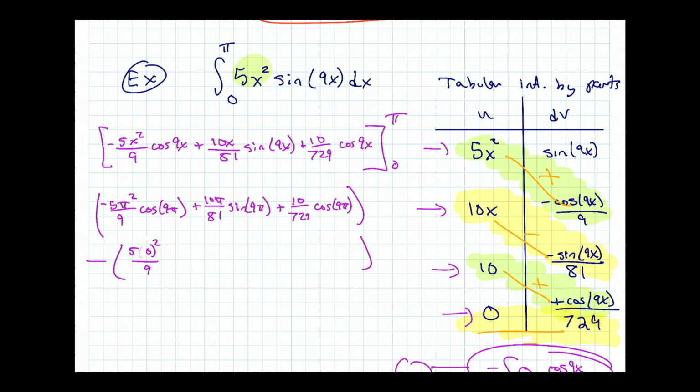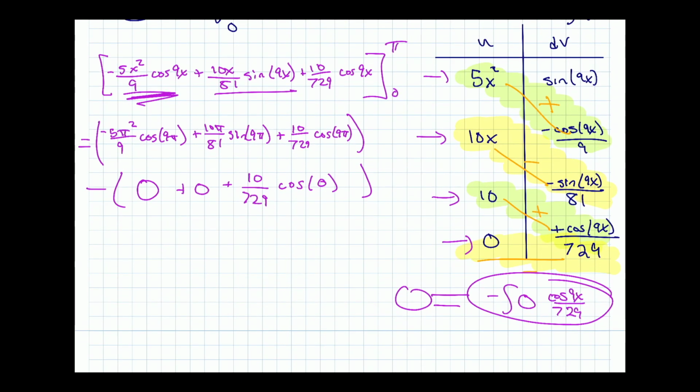When you put a 0 in to an x, it's going to be 0, right? So this whole term is going to be 0. And when you put a 0 in here, because there's an x, it's going to be 0. And the third one is not, because there's no x in the part outside of the cosine. Okay, so that's what we get.